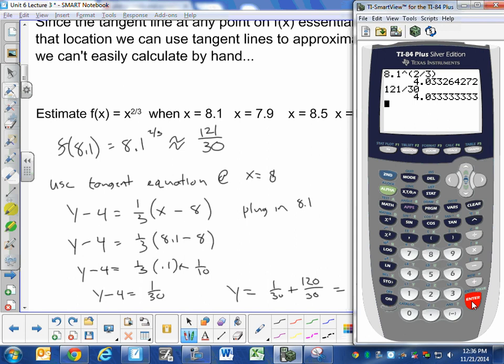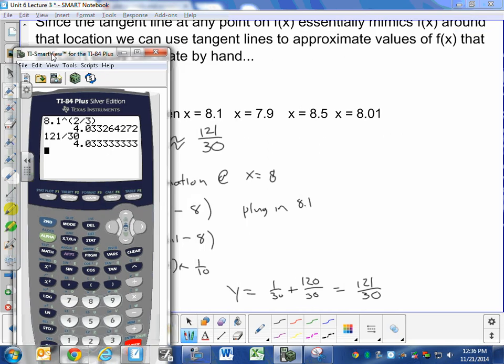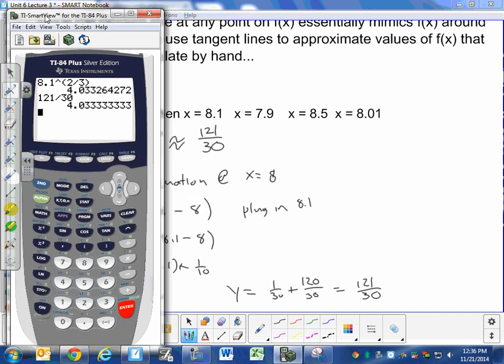Not bad at all. Okay? This is all done by hand and producing a very, very accurate approximation. Something that I couldn't have done just by guessing.